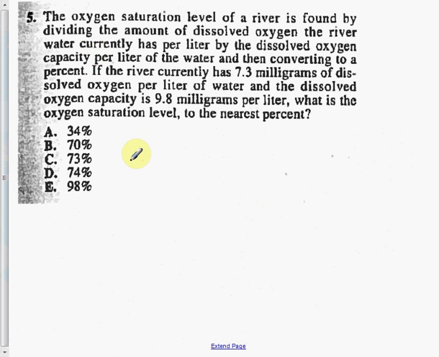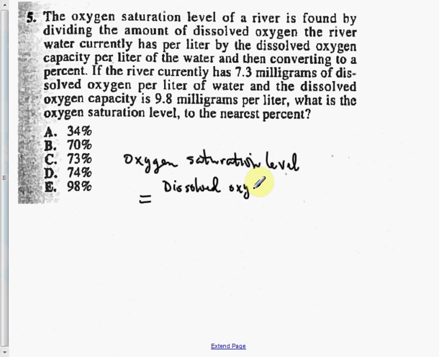All right. So it is saying here that the oxygen saturation level is equal to dividing the amount of dissolved oxygen the river water currently has per liter, and then dividing that by the dissolved oxygen capacity per liter of the water.